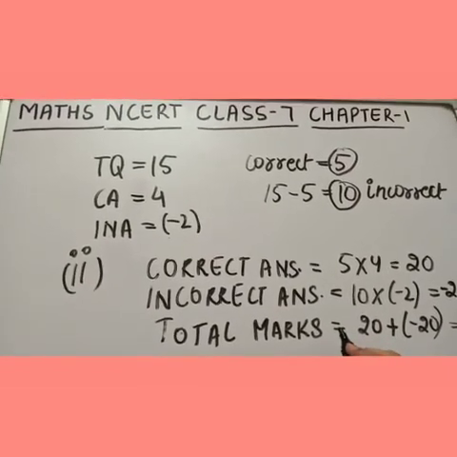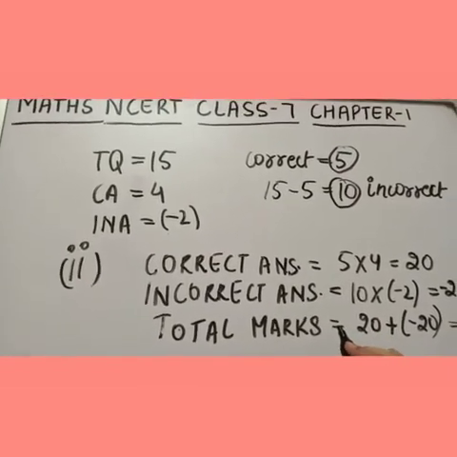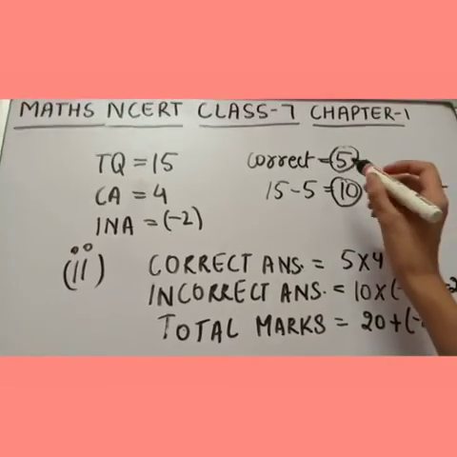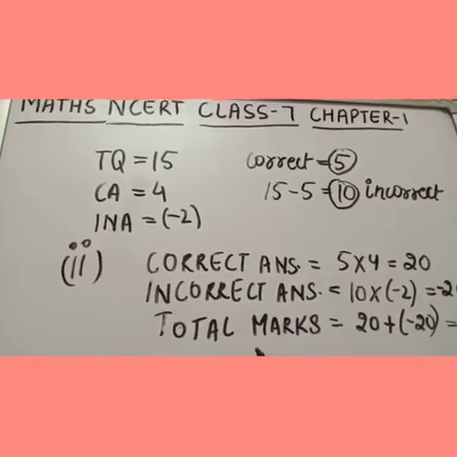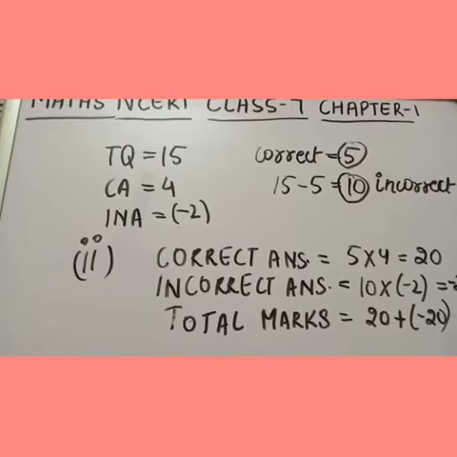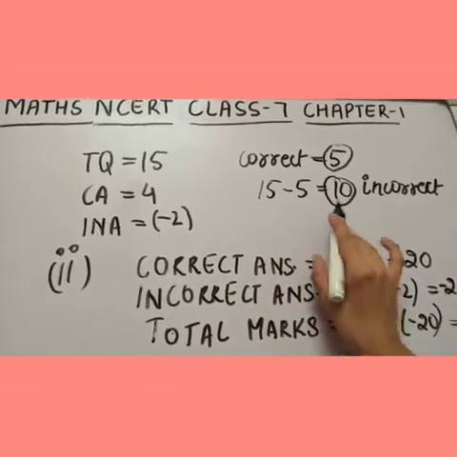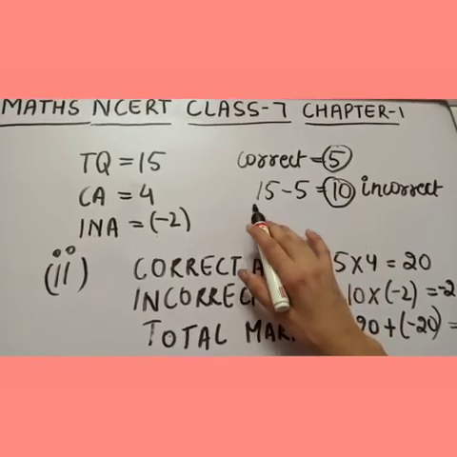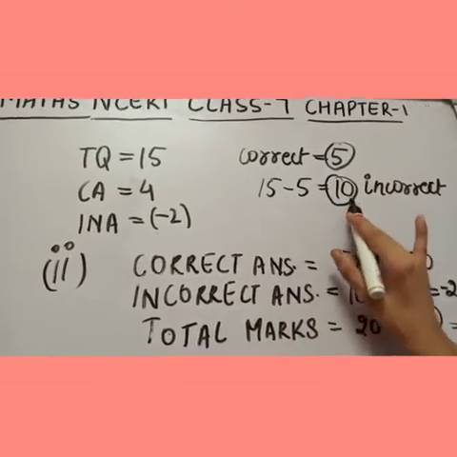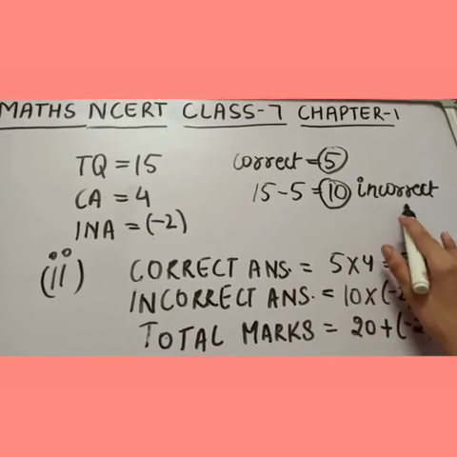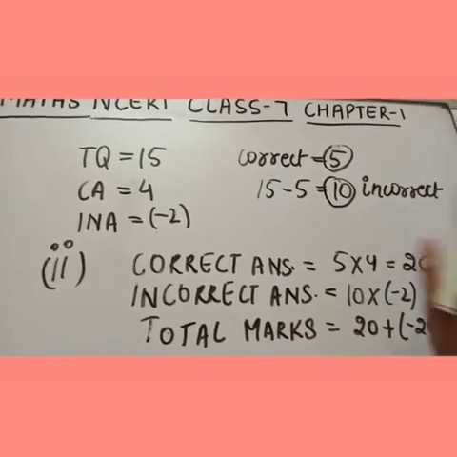Number of questions Gurpreet's friend gets correct equals 5, and number of questions Gurpreet's friend gets incorrect equals 10. You should not directly write 10, you have to show it: 15 minus 5 equals 10. This will be the number of incorrect questions.